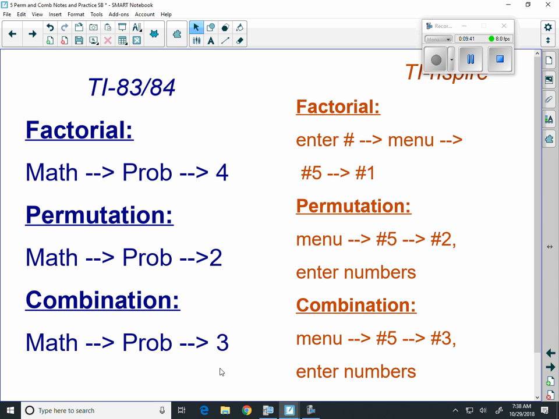Then menu, and number 5 will say probability, and number 1 will say factorial. So that's your process if you're on a TI Inspire: enter the number 7, press menu, probability, factorial. Any issues from my TI Inspire? Okay.